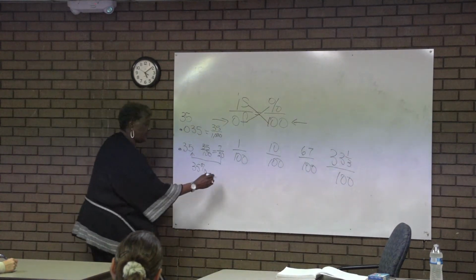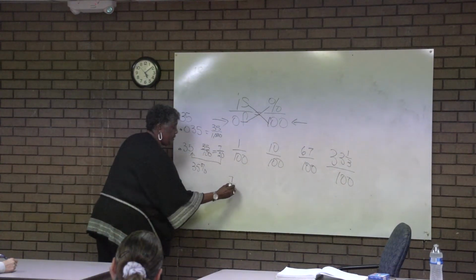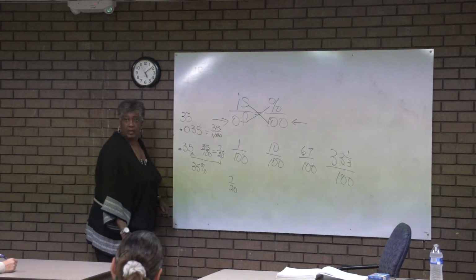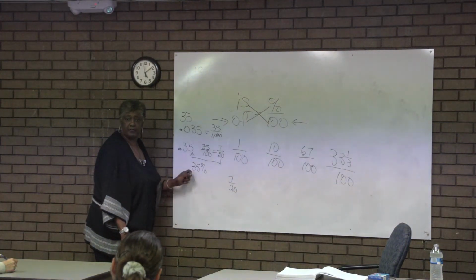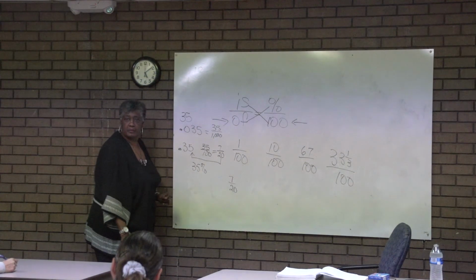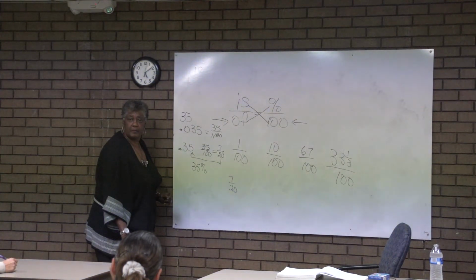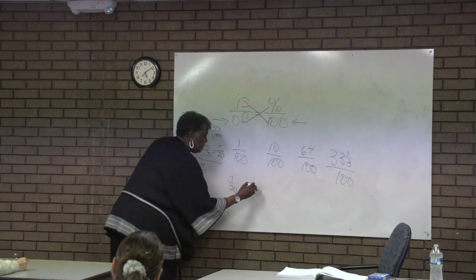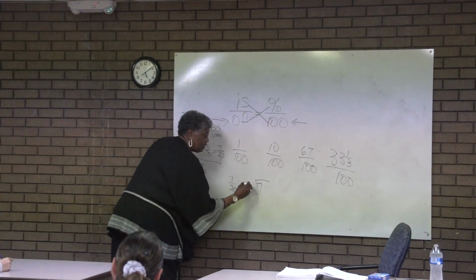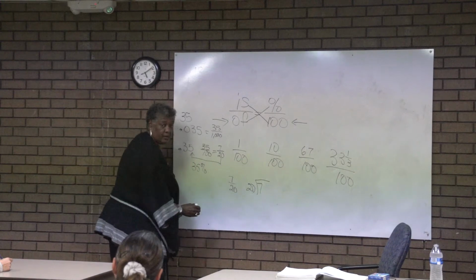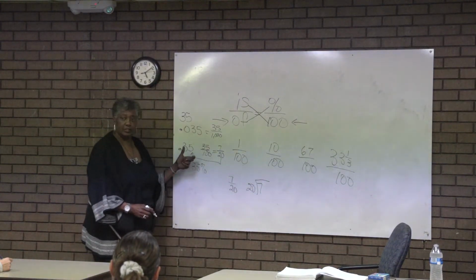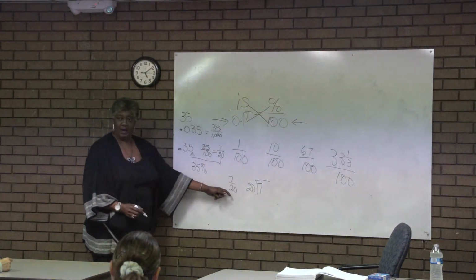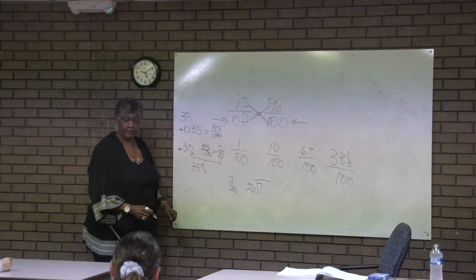Now, if they gave me 7/20ths as a fraction and they wanted me to change it to a decimal, who remembers how to do that? How do we change fractions into decimals? You divide. Divide what? The top. 7 divided by 20. Okay. Anytime you want to change a fraction to a decimal, you divide the denominator into the numerator.